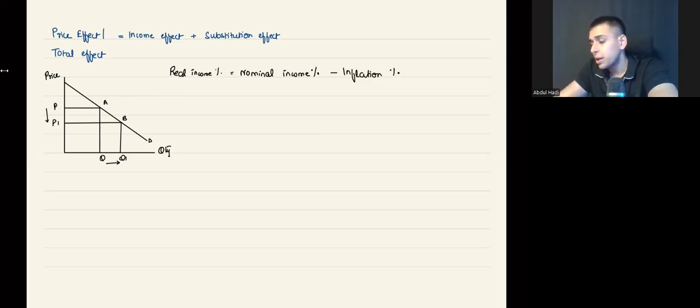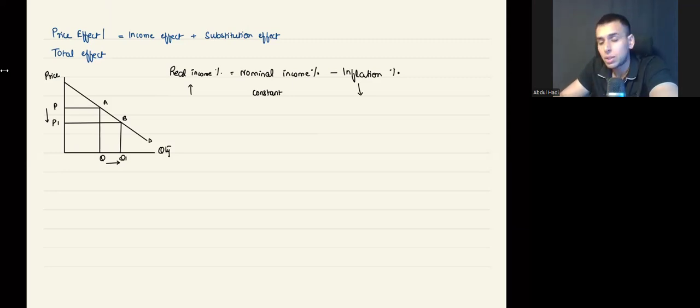Now, if my price level is falling, which means my inflation rate is falling, keeping my nominal income constant, what will happen to my real income? My real income will rise. This is how the scenario goes: if the price level is falling, your real income is rising. So this is what price effect is: due to a decrease in your price level, there will be changes in your budget line and overall in your real income.